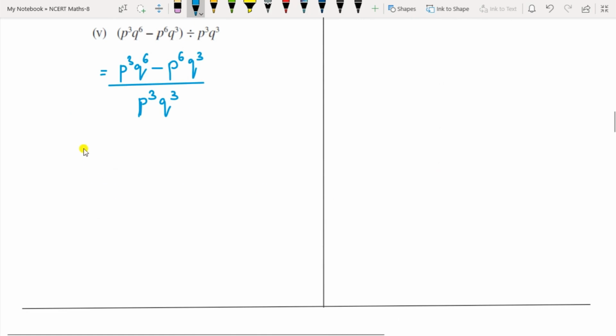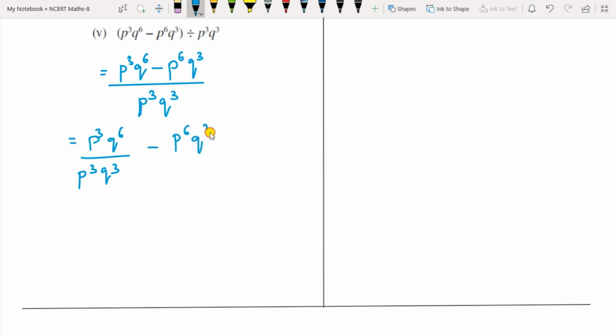This one, p raised to 3 q raised to 6 upon p raised to 3 q raised to 3 minus p raised to 6 q raised to 3 upon p raised to 3 q raised to 3. Now the variables with the same power get cancelled. Cancel means 3 minus 3 is 0, so it is 1, so you can cancel it.